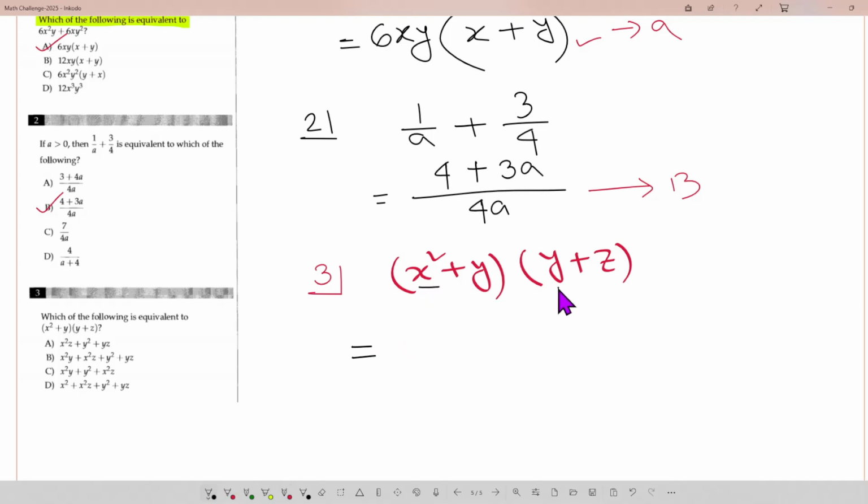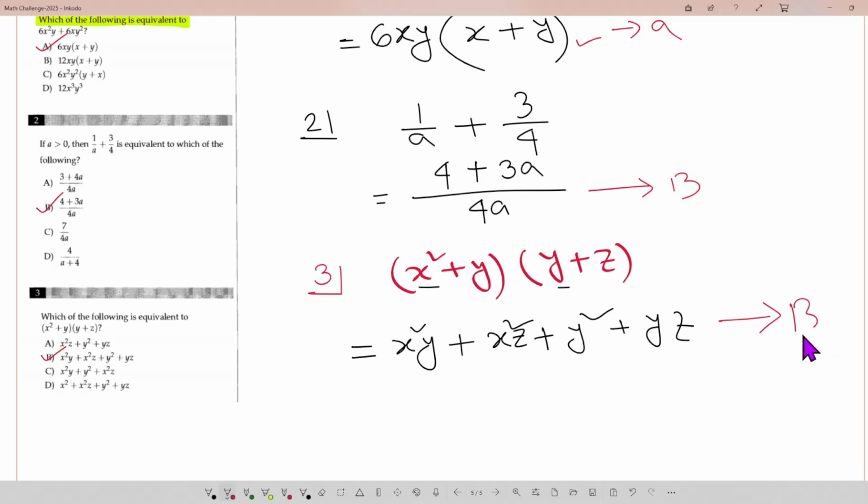First, x² times y, it will be x²y, then plus x²z plus y² and plus yz. So which is similar? x²y, x²z, y² and yz. So this is number B. So we can write x²z, and here is number B.